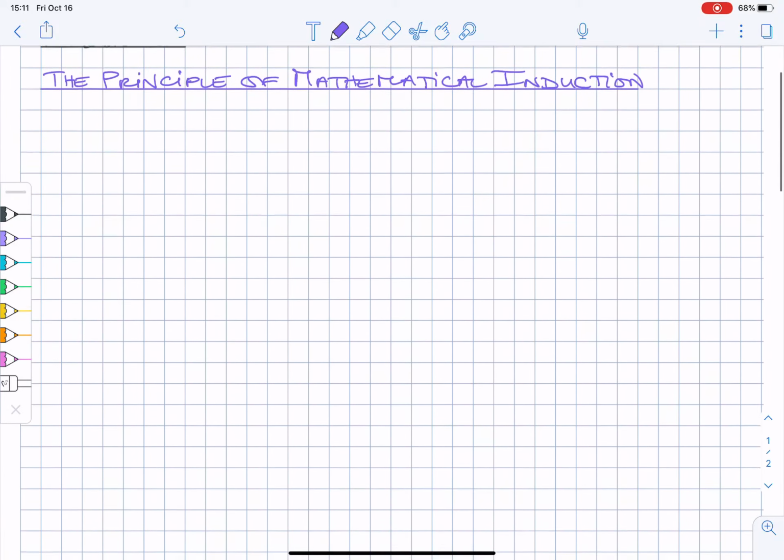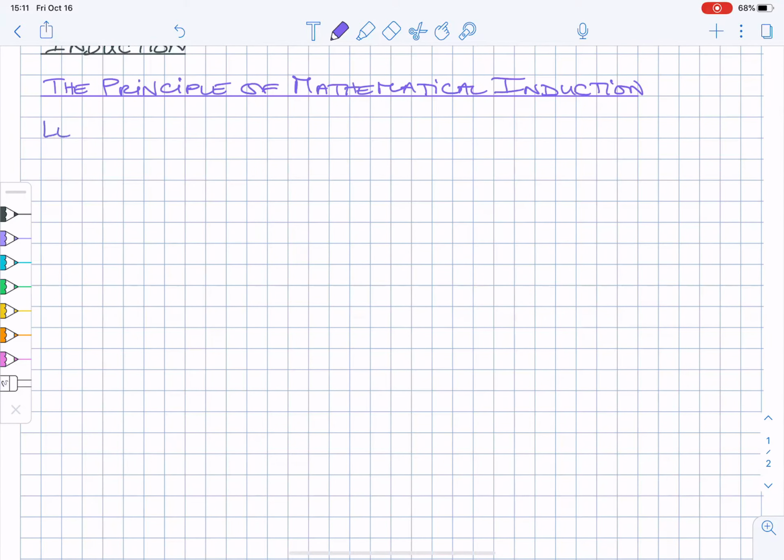Okay, so let P of x, or rather P of n, since our domain is the positive integers, be a propositional function. And you'll understand what this means by usage in a moment.